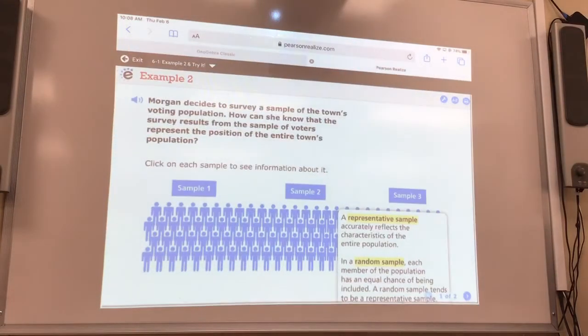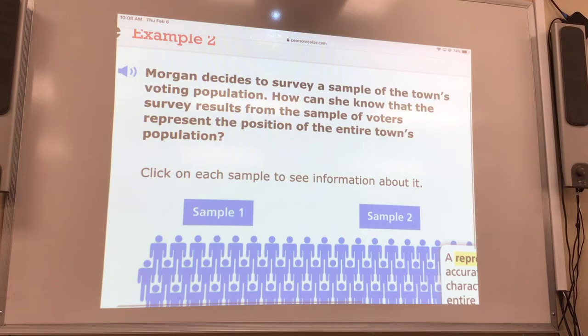So let's take a look at an example here of a survey they want to do. Morgan decides, remember Morgan? She's the girl that wants the stadium to be built. Same girl. So Morgan decides to survey a sample of the town's voting population. How can she know that the survey results from the sample of voters represent the actual situation?